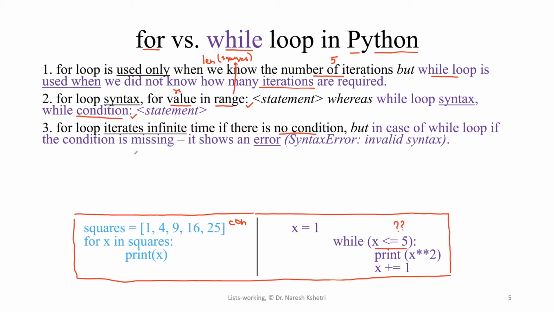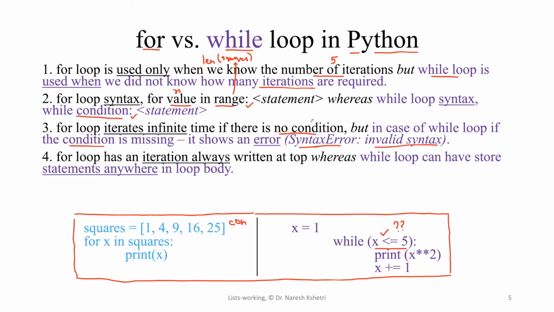But in case of the while loop, if the condition is missing, it shows a syntax error. It means the condition is a must in case of the while loop. Otherwise we will be generating a syntax error.